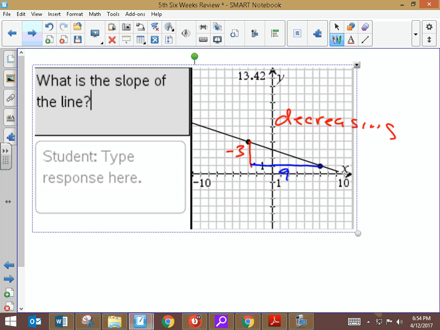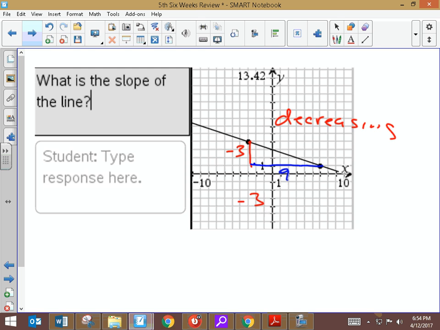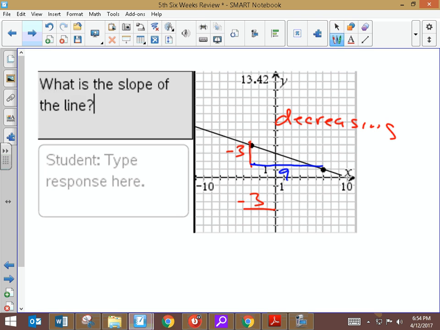It's 9. So my rise over run is -3 over 9. Sorry, that 9 should have been -3 over 9. Oops, 9, which reduces to, if you put that in your calculator, 1/3.